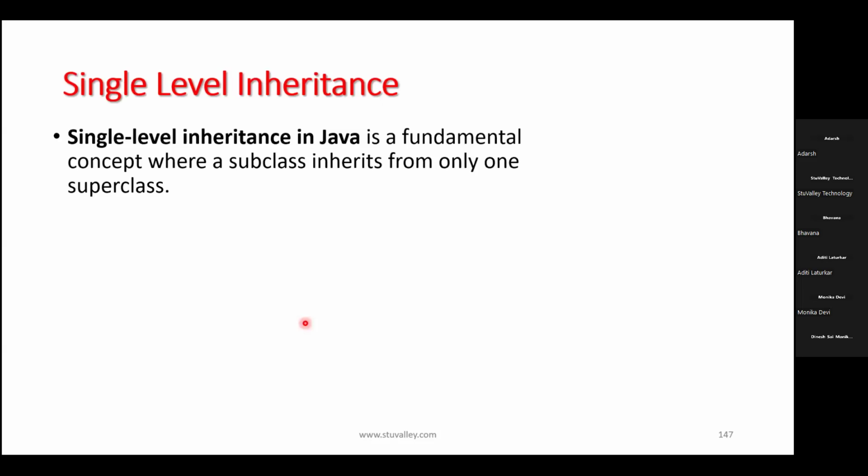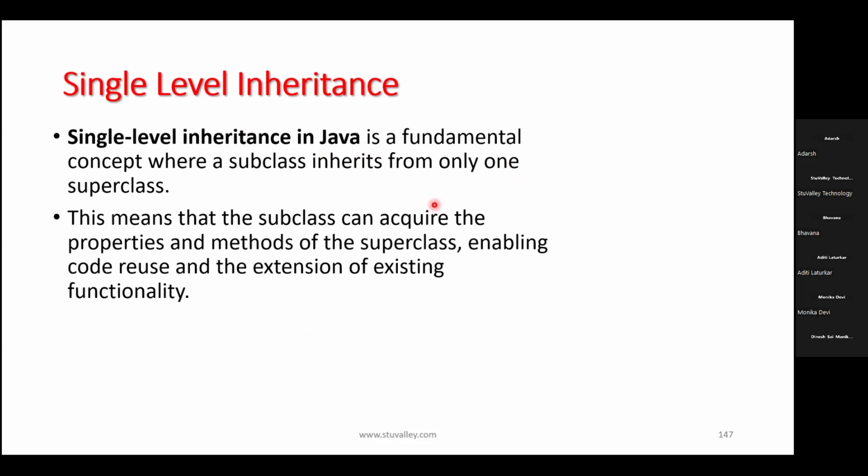First one is the single level inheritance. Single level inheritance is a fundamental concept where a subclass inherits from only one superclass. What does that mean? The subclass can acquire the properties and methods of the superclass, enabling code reuse and extension of existing functionality, which we created yesterday.